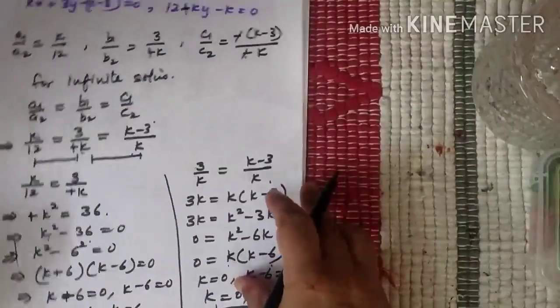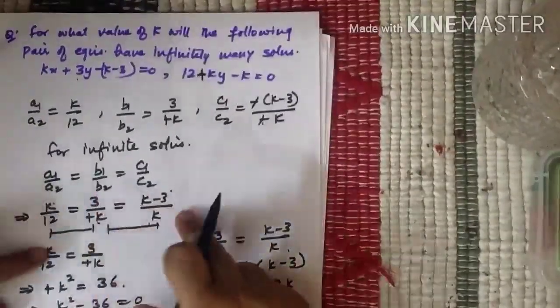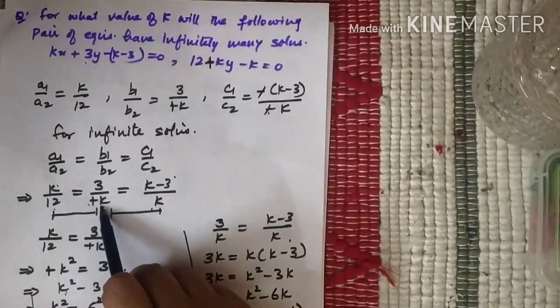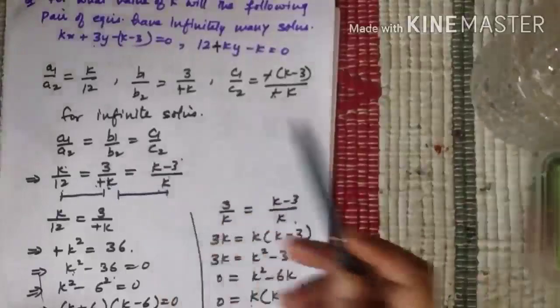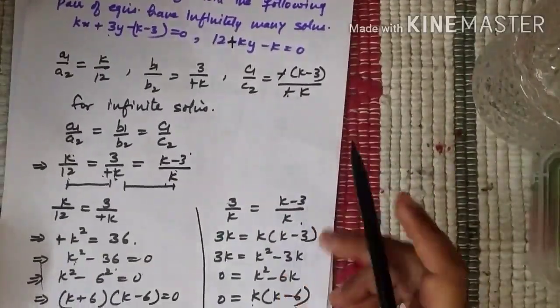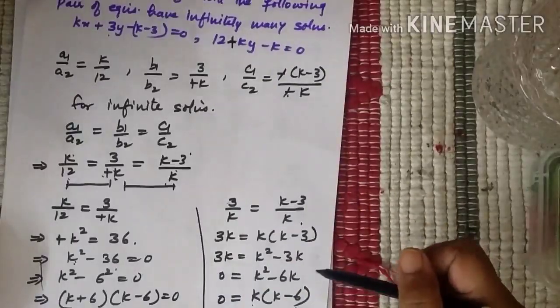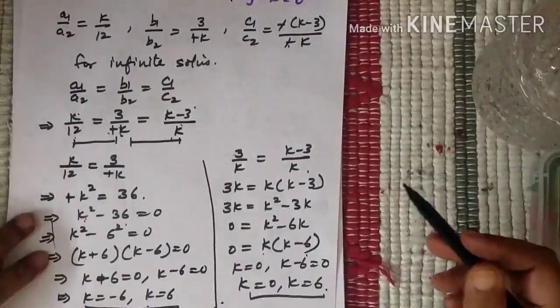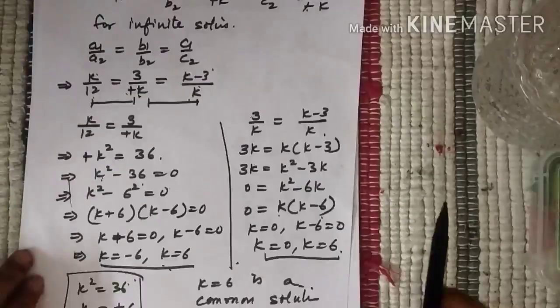So for infinite solutions, when we have two different sets of values, I can find the value of k from this set of equations, and I can find the value of k from another set of equations also. So in such cases, you need to solve both the sets of equations and take in the end the common values that you get. But always remember the golden rule.